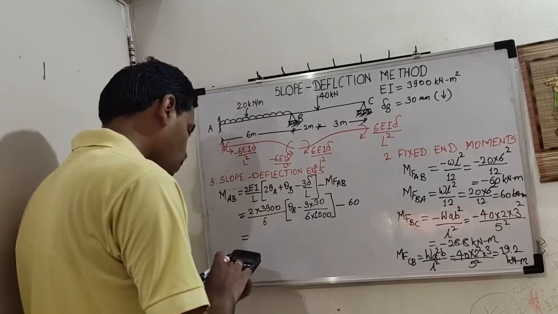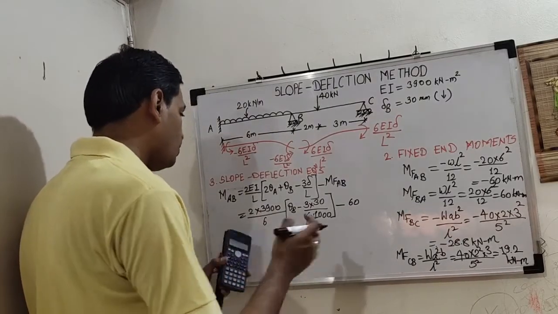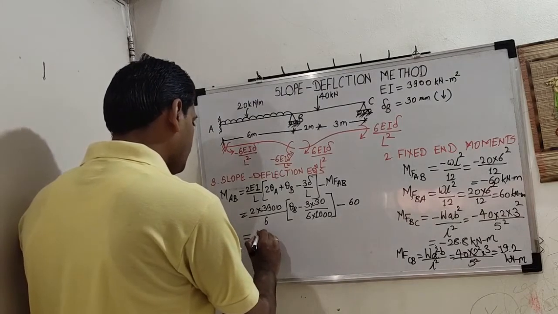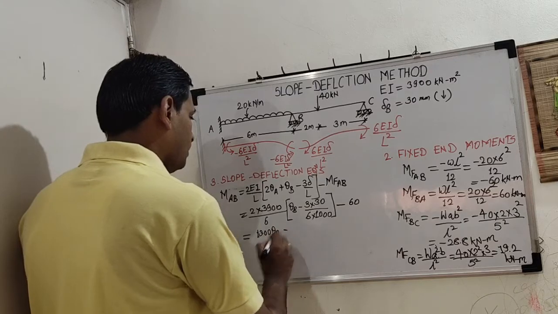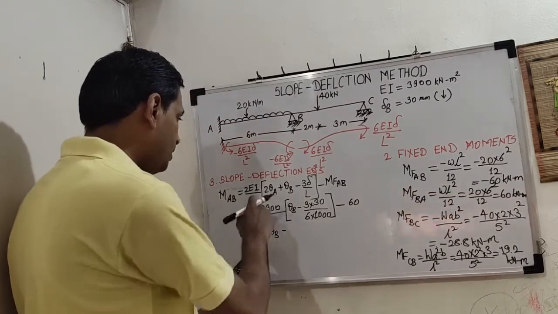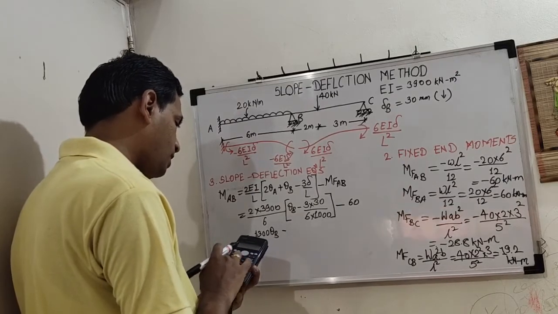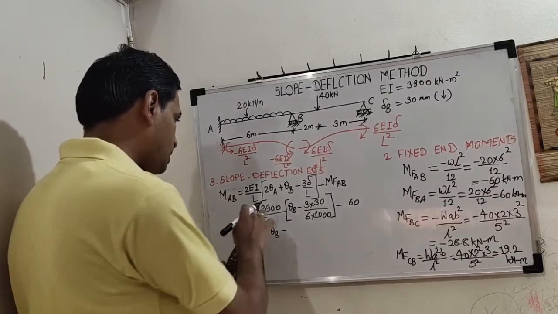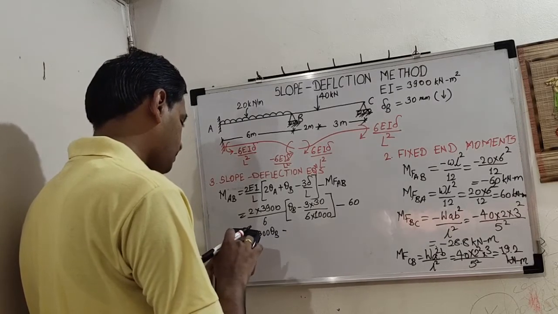So this is 2 into 3900 upon 6. So it is 1300 theta B minus again 2 into 3900 into 3 into 30 upon 6 into 6 into 1000.